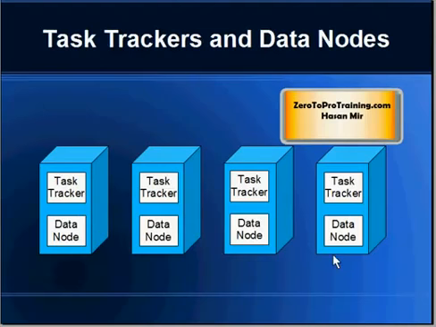All these computers will have two components of Hadoop, task tracker and data node. The job of the task tracker component is to process the smaller piece of task that has been given to this particular node, and the job of the data node is to manage the piece of data that has been given to this particular node.